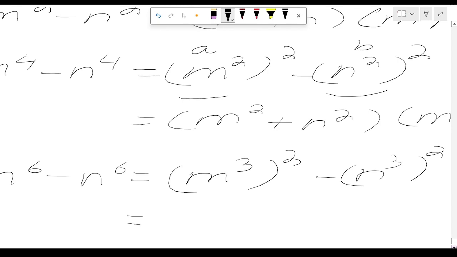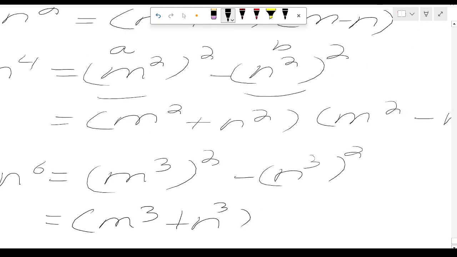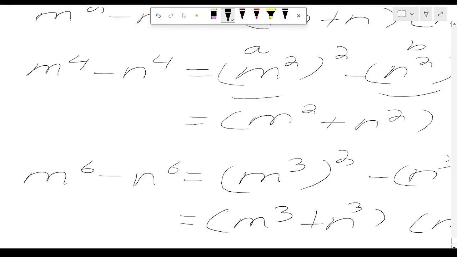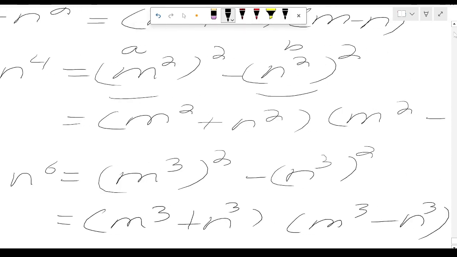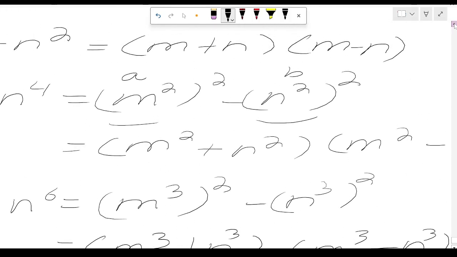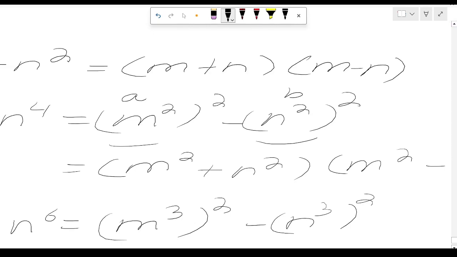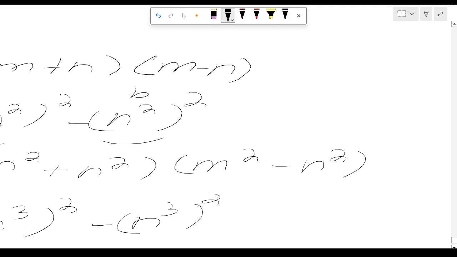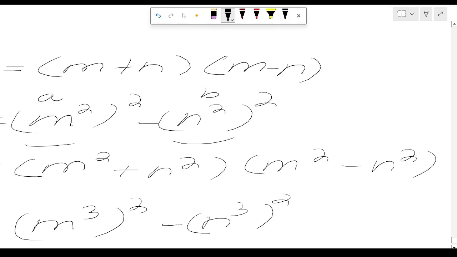And then what do we need to do? This is in the a square minus b square form. We will write m cube plus n cube, and then m cube minus n cube. So here we have simplified all of these terms. Now as you can see, you might say that there is no common HCF, but here we have m square minus n square, and m square minus n square is equal to m plus n and m minus n.